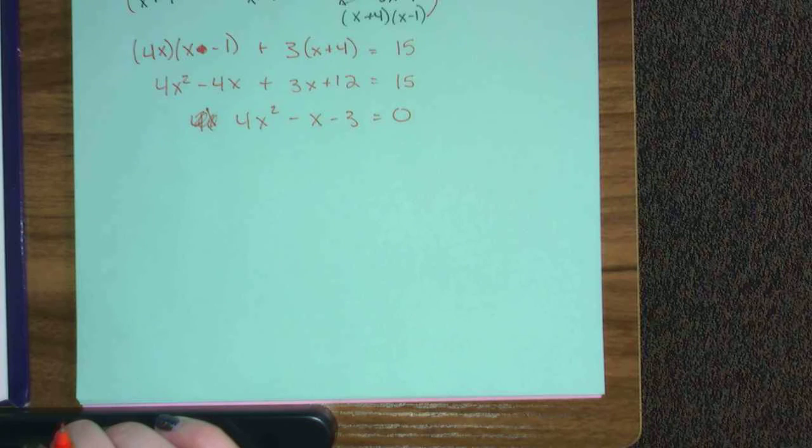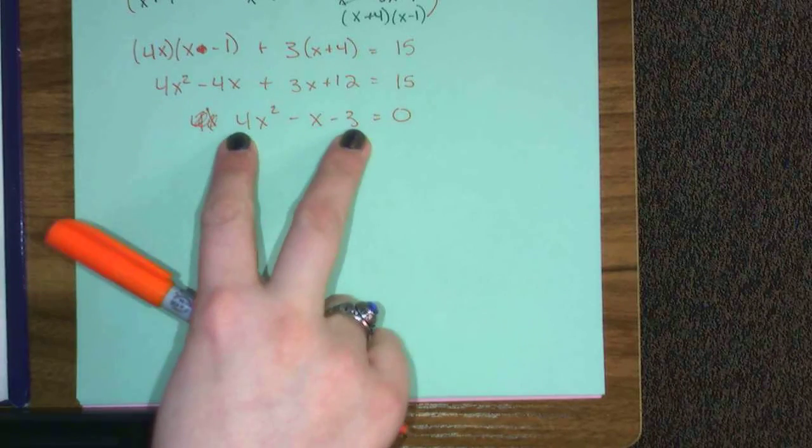So what does this factor into? What factors of 12 give you negative 1?